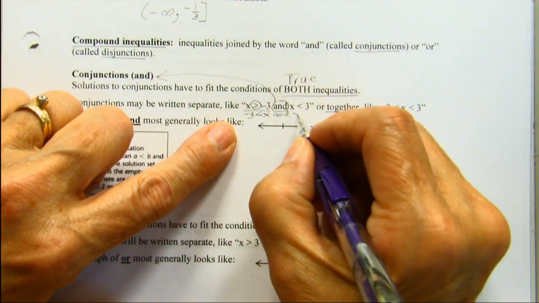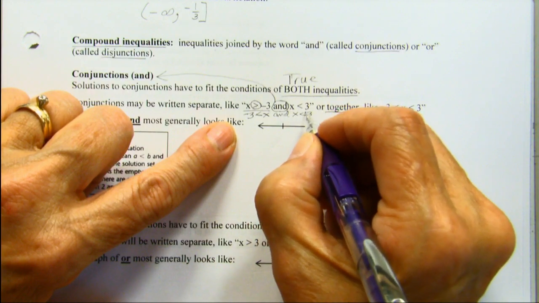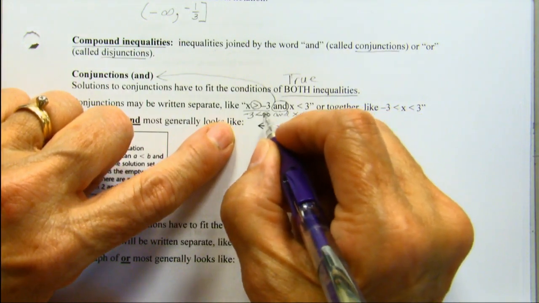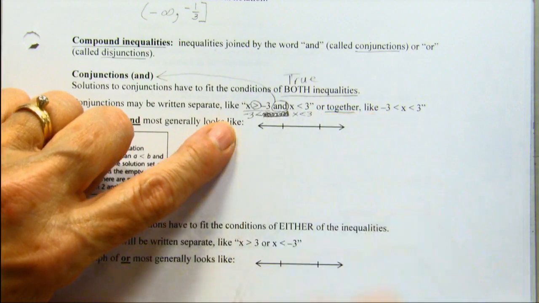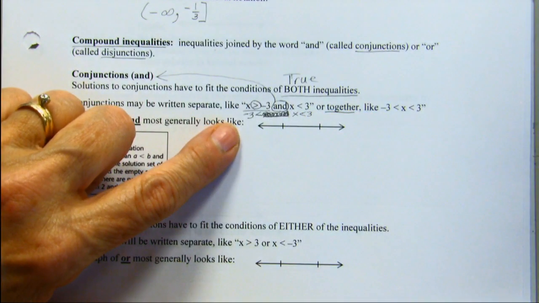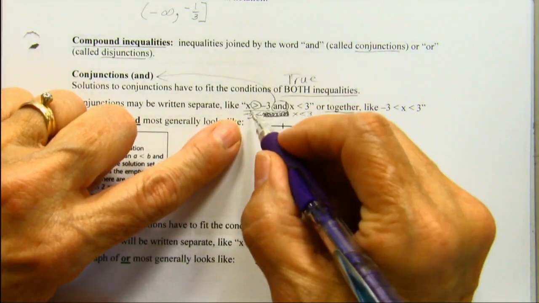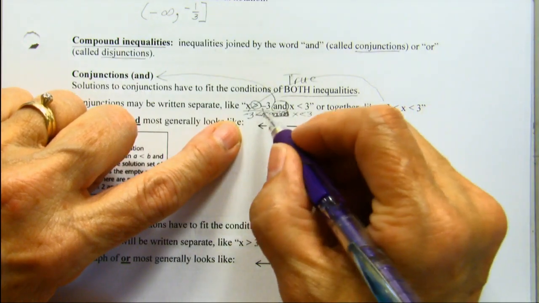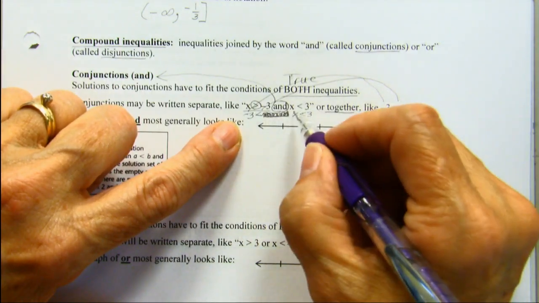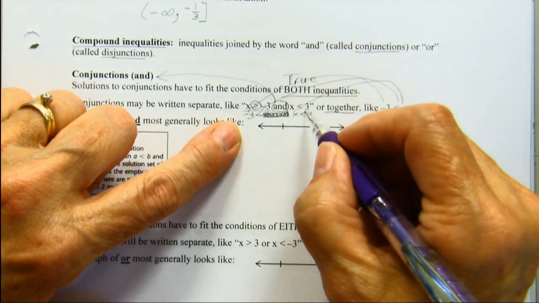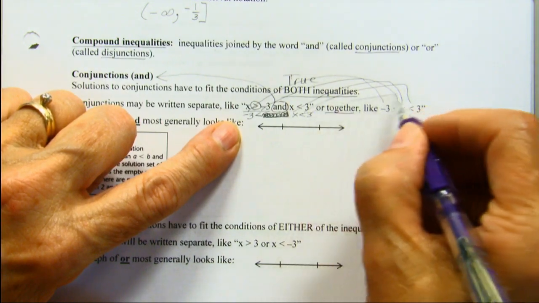And then I have x less than 3. Well, one of the x's in the word and can go away. And I have -3 less than x, less than 3.